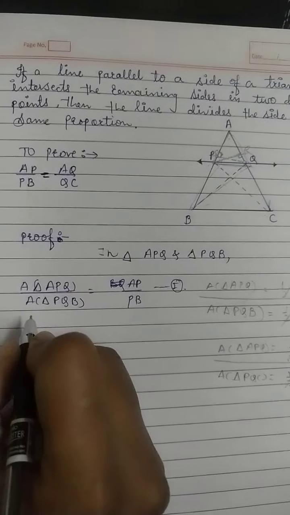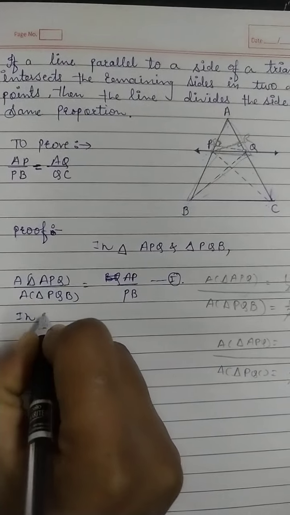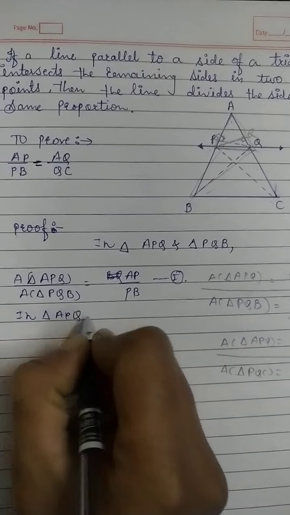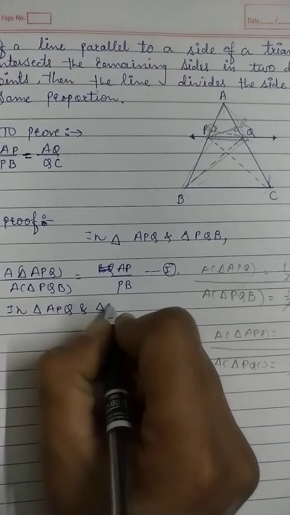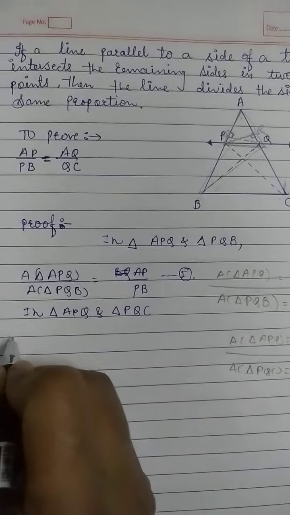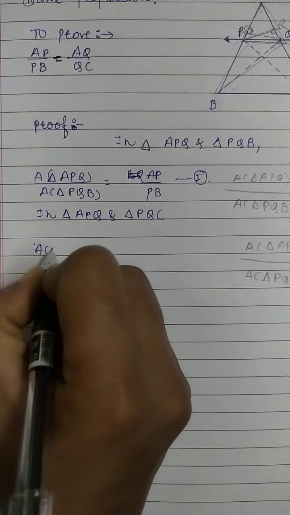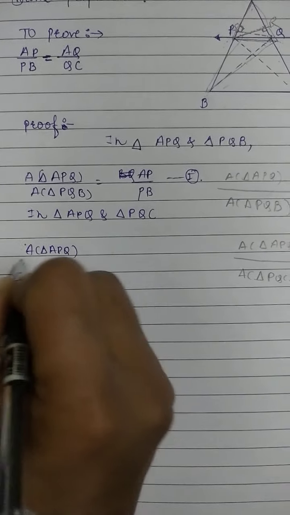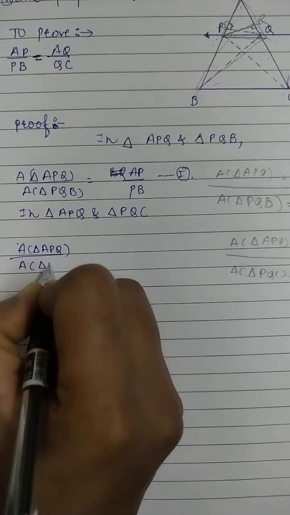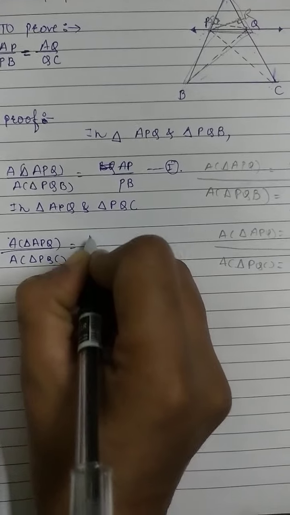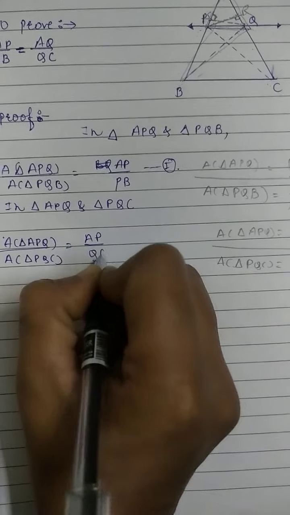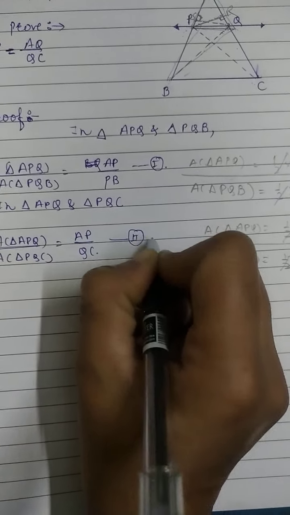So again, in triangle APQ and triangle PQC, area of triangle APQ upon area of triangle PQC equals AP upon QC. Number 2.